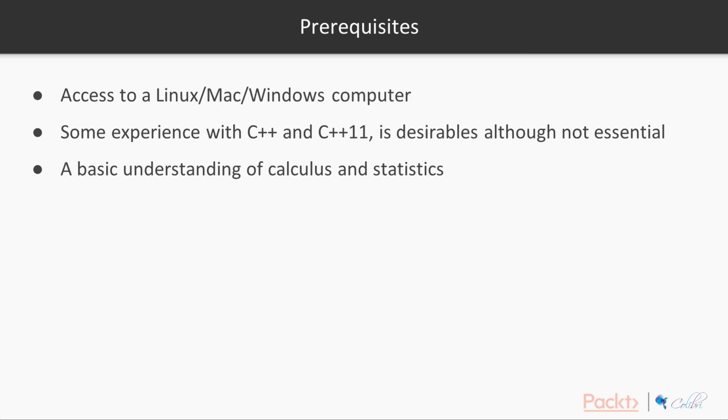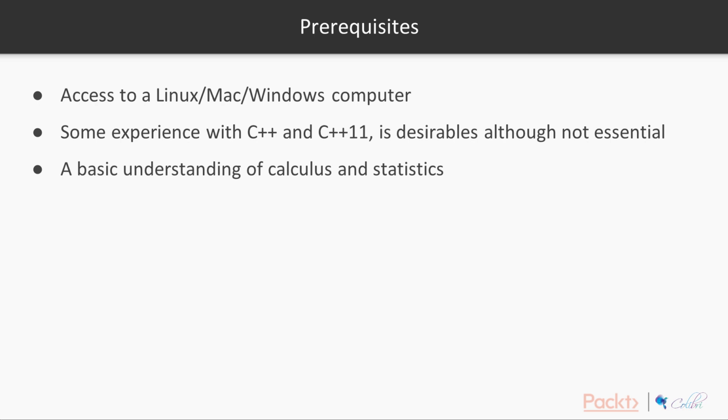So prerequisites: you'll need access to a Linux, Mac or Windows computer. I'm using Ubuntu 16.04, but feel free to use Xcode or Visual Studio on Windows or Mac. You'll need some experience with C++ or C++11. Now don't worry if you haven't got that experience. The code is very readable and you'll be able to follow it very easily.